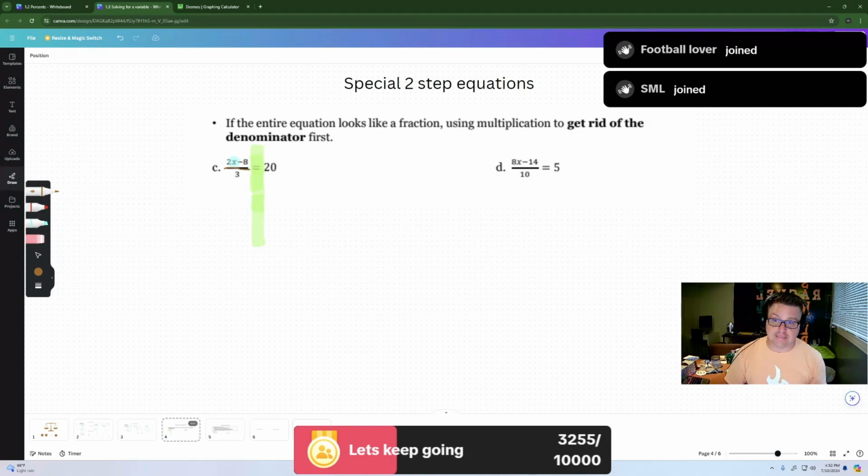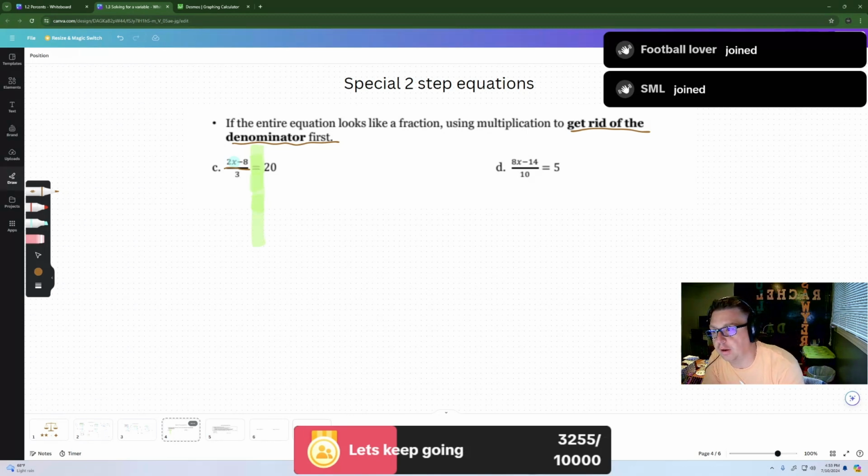In these cases, get rid of the denominator first. But you can understand why. When we read it, it's the farthest thing away, because we have the quantity of 2x minus 8, and that whole thing is divided by 3.